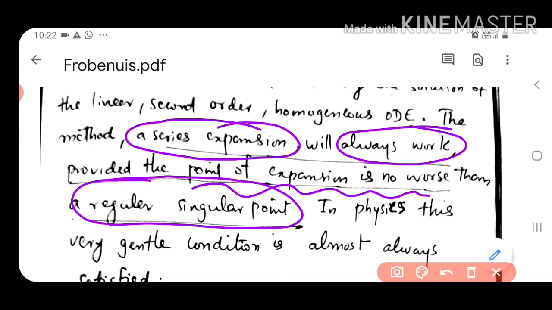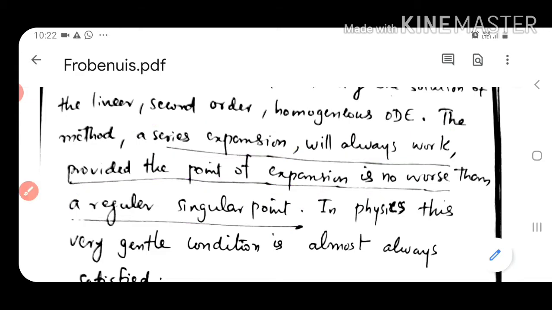For an irregular singular point, the series expansion will not work. So this is what is said here.